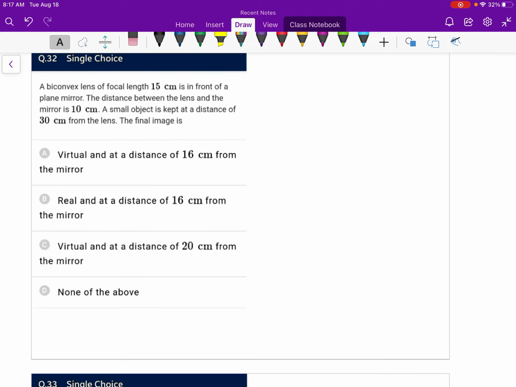A biconvex lens is placed in front of a plane mirror at 10 centimeter distance, and the object is placed at 30 centimeter. The focal length of the lens is 15 centimeter.